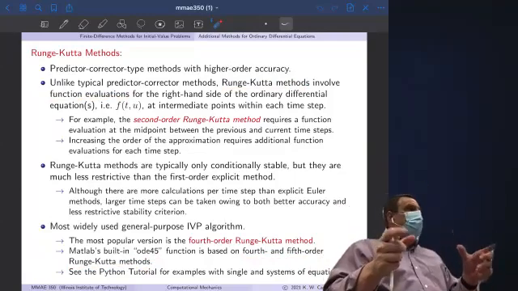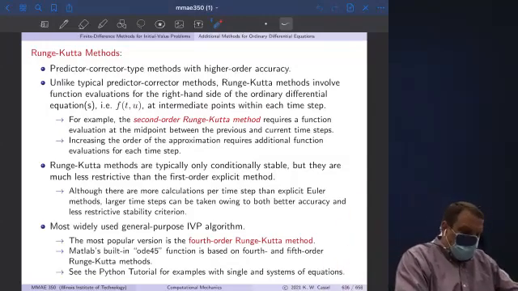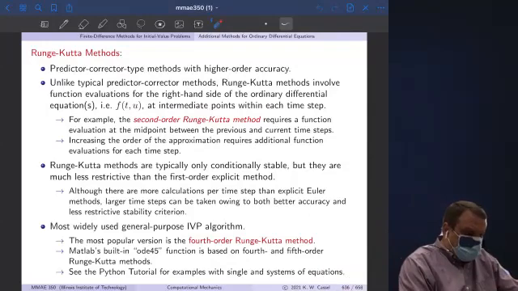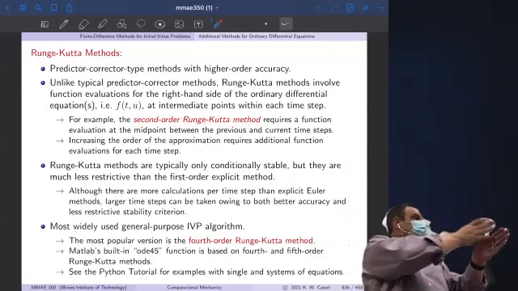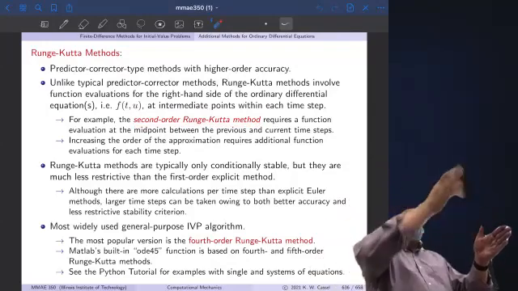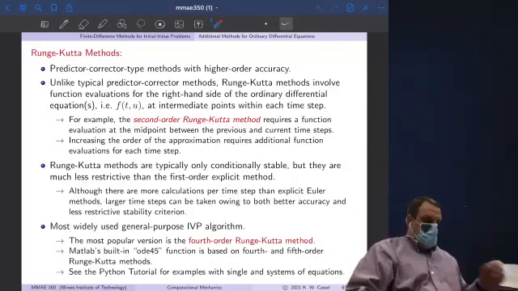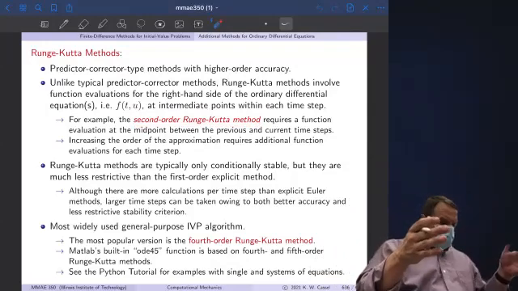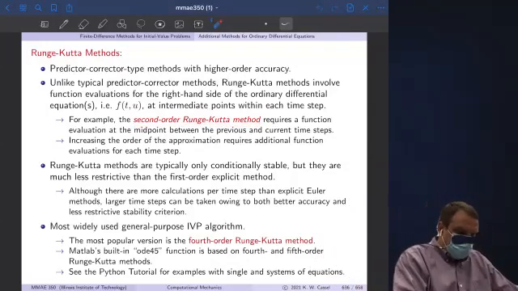Might be 2 pieces, might be 3 pieces, 4 pieces, depending on the order of the method. So in a second order Runge-Kutta method, you divide each time step up into 2, so that you have 1 additional function evaluation halfway between the 2 time steps. As you increase the order, you need more and more of these function evaluations.